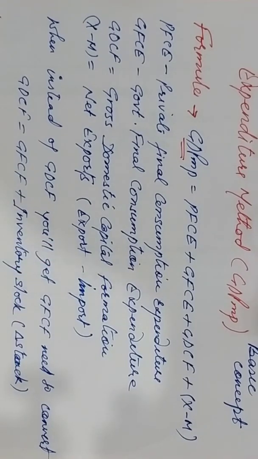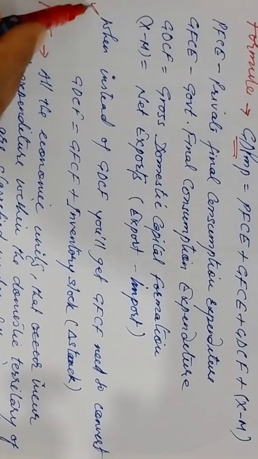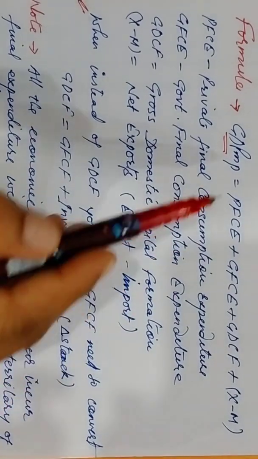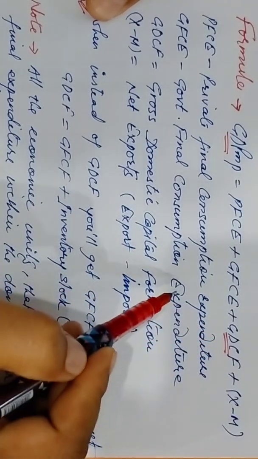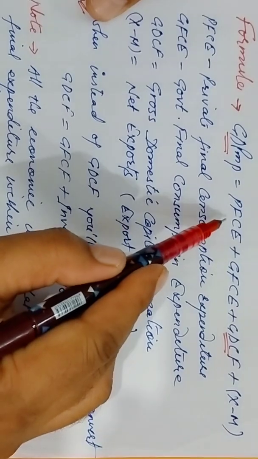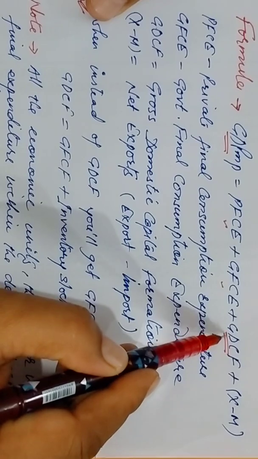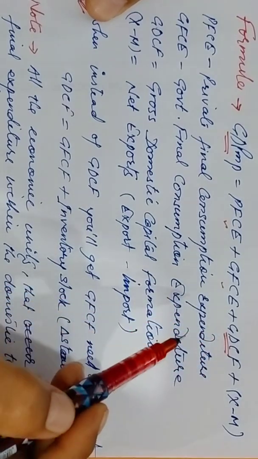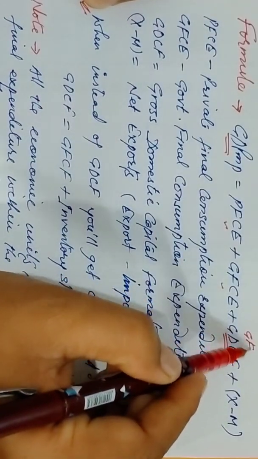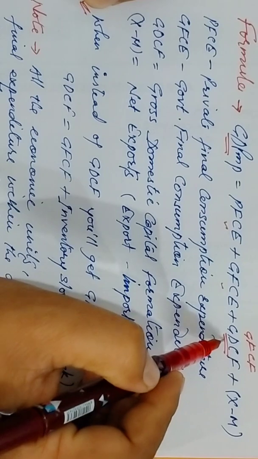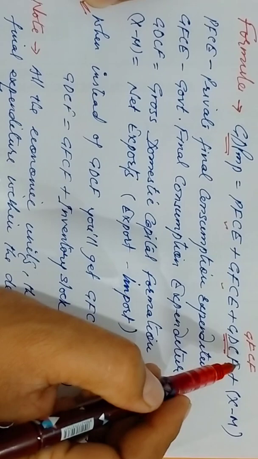Now the next very important part. From this formula, the problem arises only in this part. During examination, mostly you will get PFCE and GFCE as they are, but instead of GDCF you will get GFCF, gross fixed capital formation, not gross domestic capital formation.